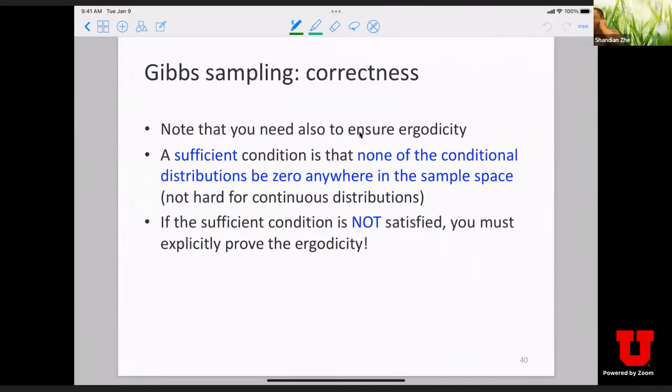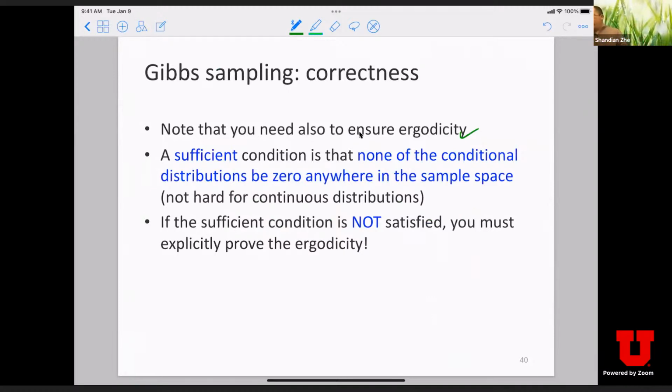So now we can see that Gibbs sampling, through conditional sampling, indeed ensures our chain converges to the target posterior we want. But you need to be careful about ergodicity.